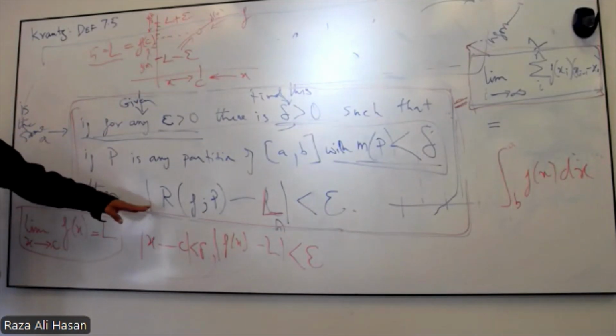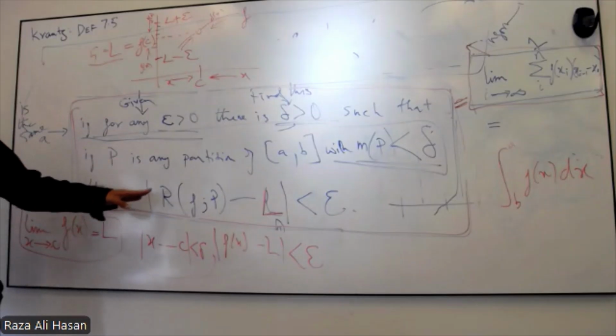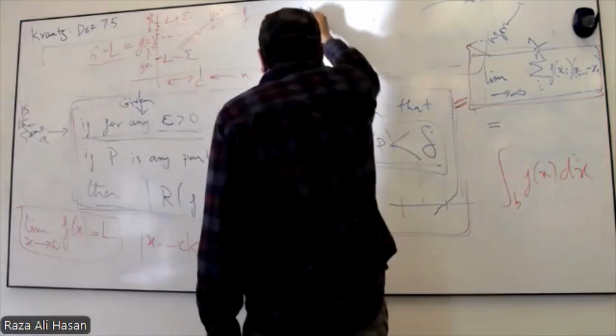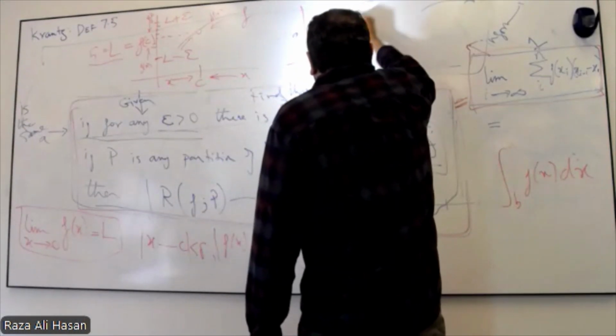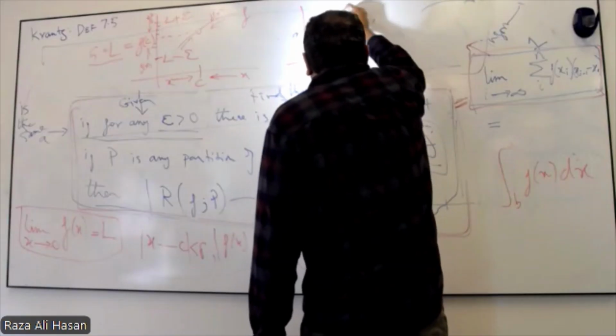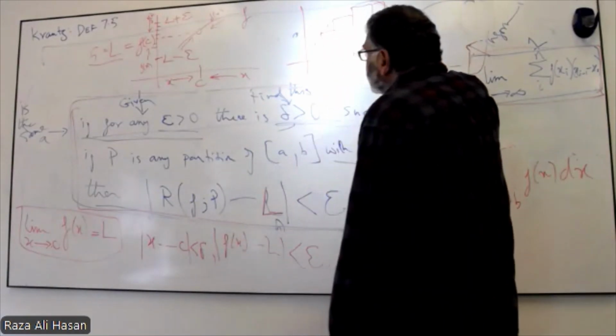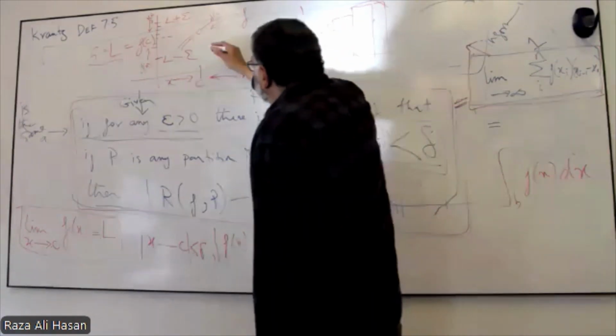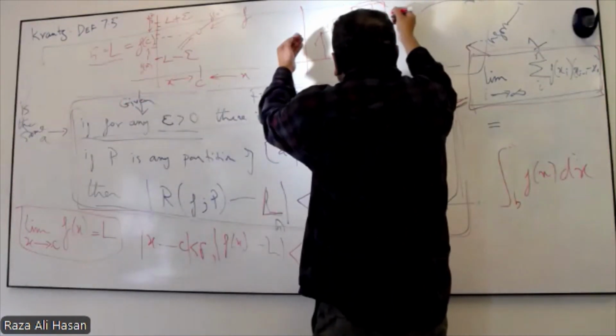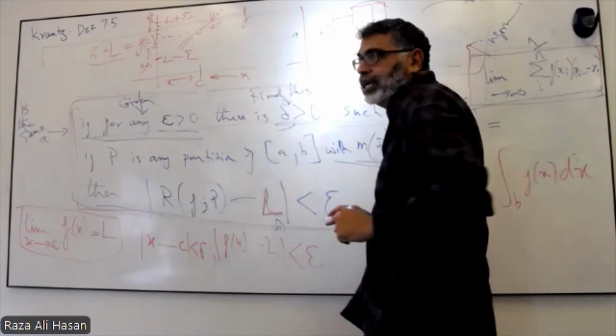So in this case, our pictures don't look like that. Our pictures look like this, where the rectangles are getting closer and closer to the big general area.